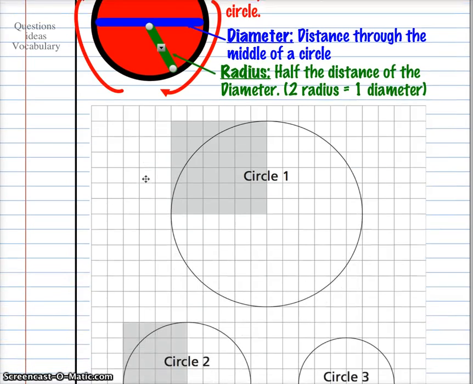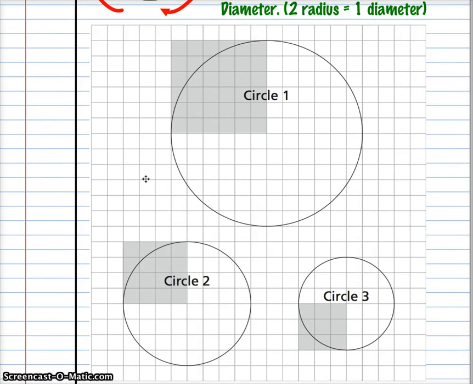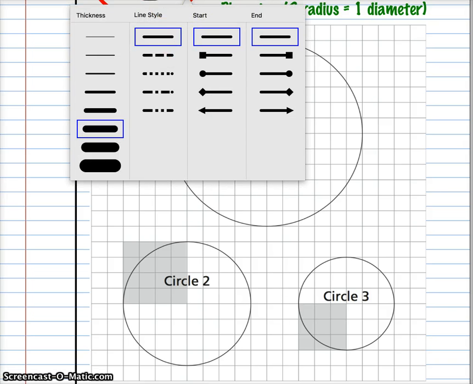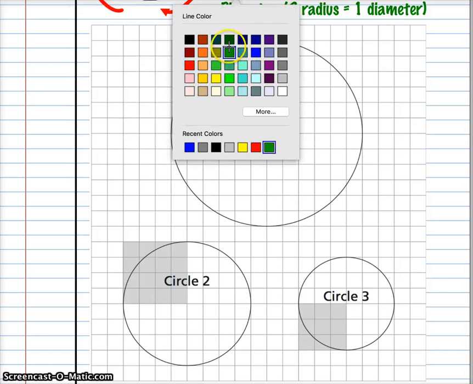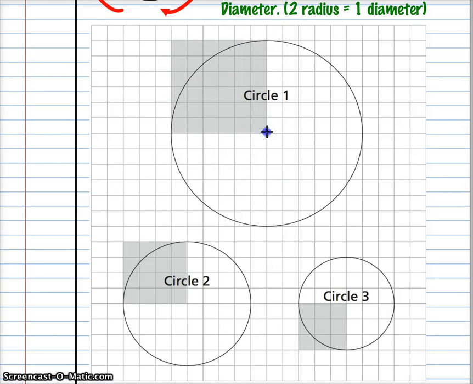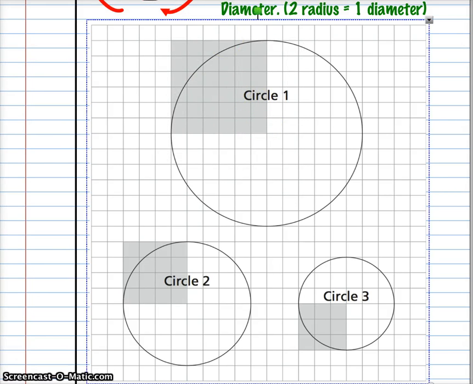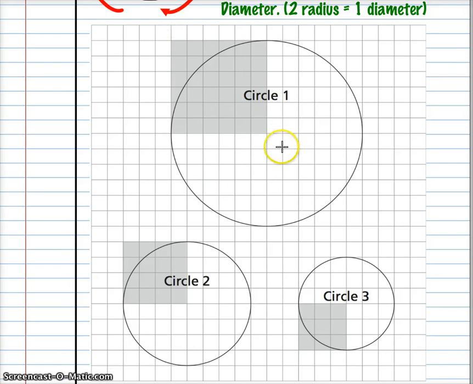Okay. Now, a couple of things here before we get started, and I'm going to ask you these questions in class. What does this represent? And let's do this in the same color. What does this represent? Okay, from this point to this point, this is our radius. Well, if that's our radius, what is radius times radius?